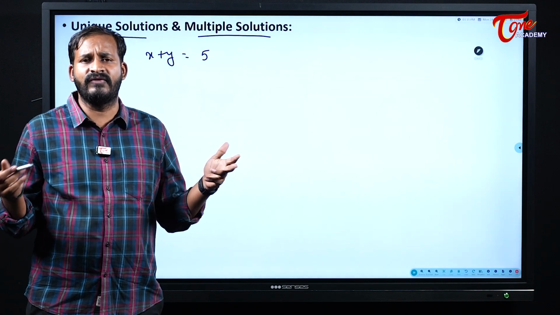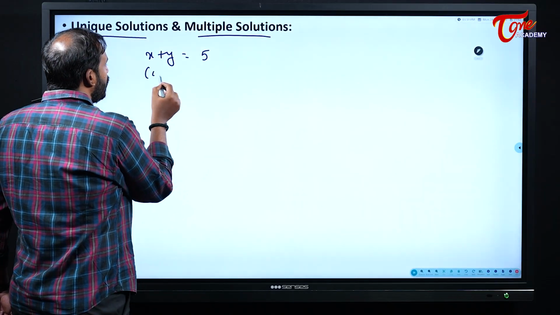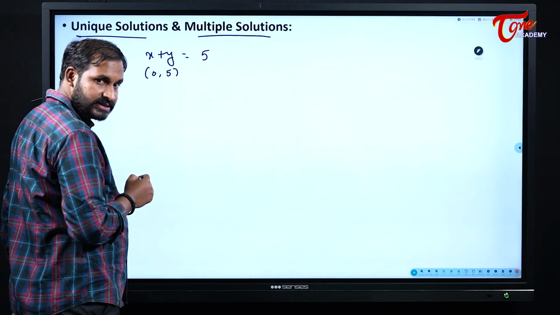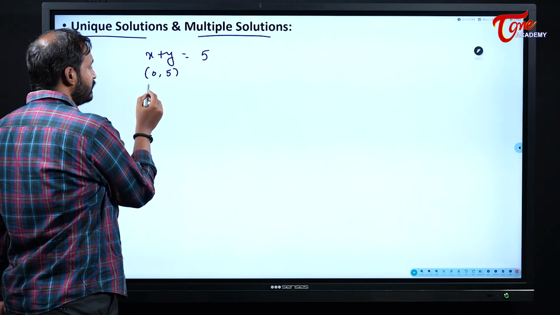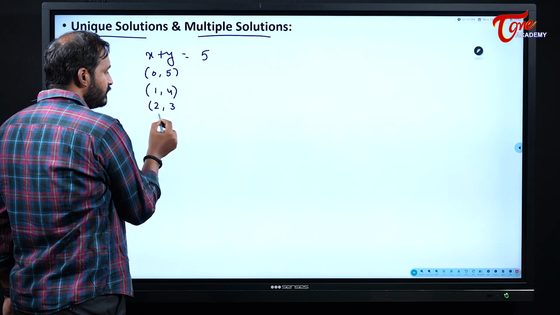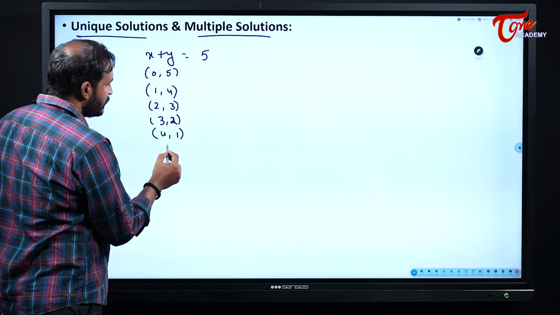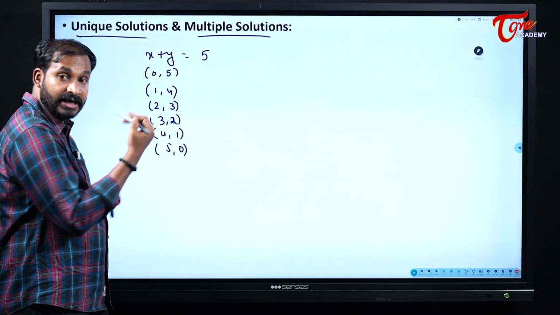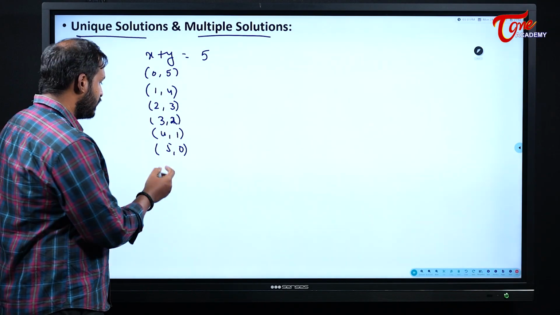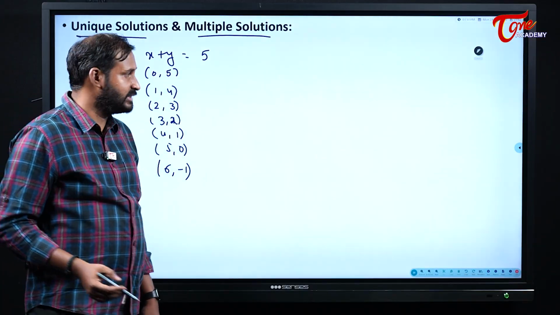That means I can take infinite solutions for this. How, sir? 0, 5 I can take, without any conditions. Next I can take 1, 4. Next 2, 3, then 3, 2, 4, 1, 5, 0. If I want, I can take negative values also, something like 6, minus 1.